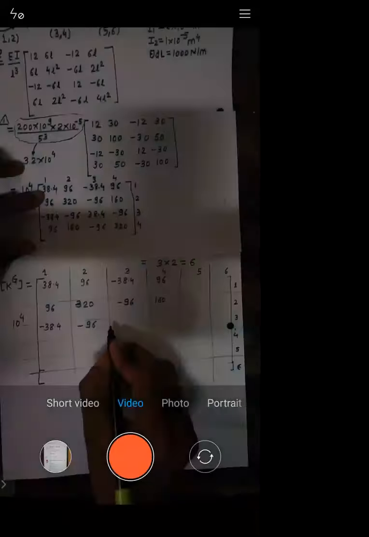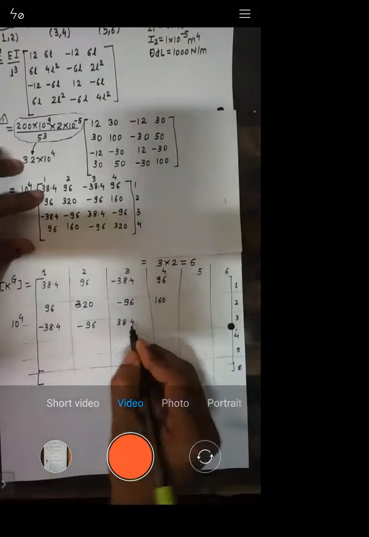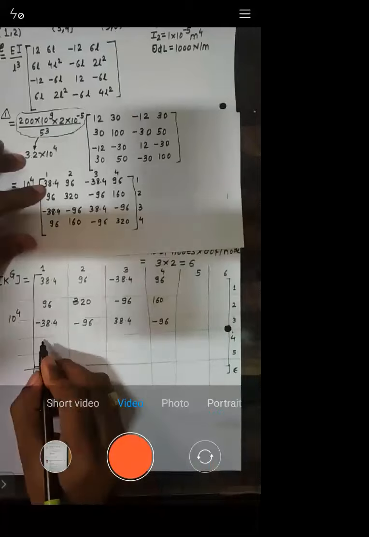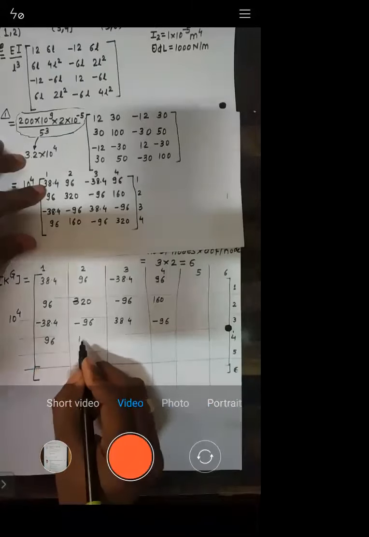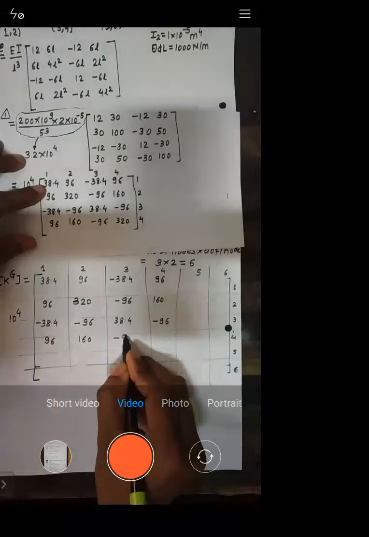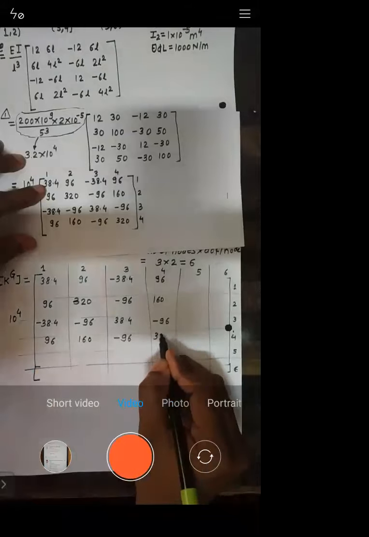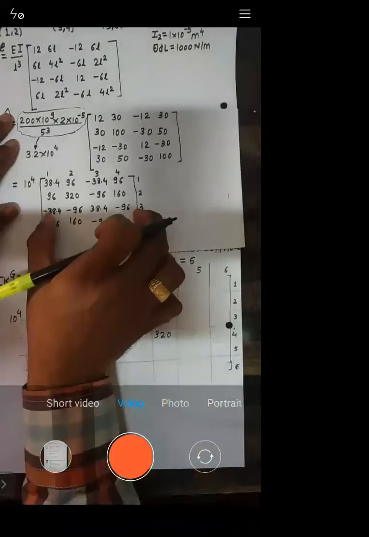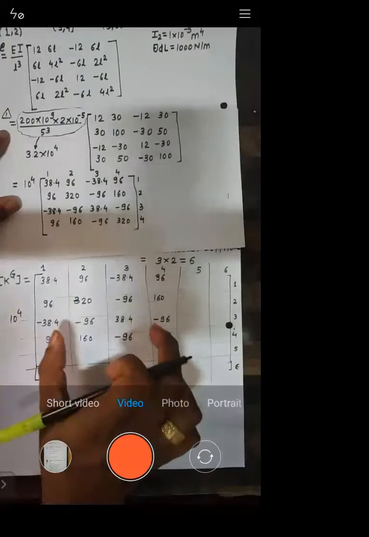This is 38.4 and minus 96. Then this is 96, 160, minus 96, 320, right? So this is finished. I just pick the element stiffness matrix of element number 1 and place it here. Nothing else I did.